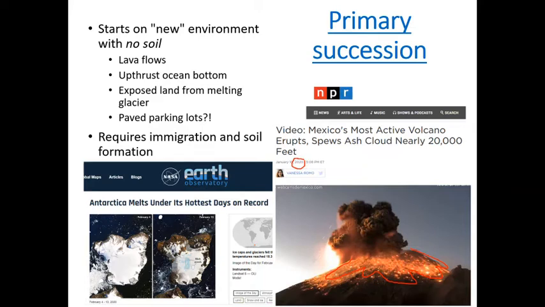Also, anytime a part of the ocean bottom is exposed again, or glaciers melt, right? So down here, this is from February 2020. Over the course of about a week, this piece of Antarctica, which used to be completely covered by ice for centuries, for millennia, now has new soil exposed for the first time in millennia.